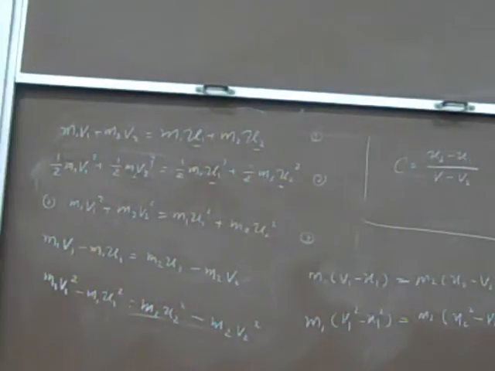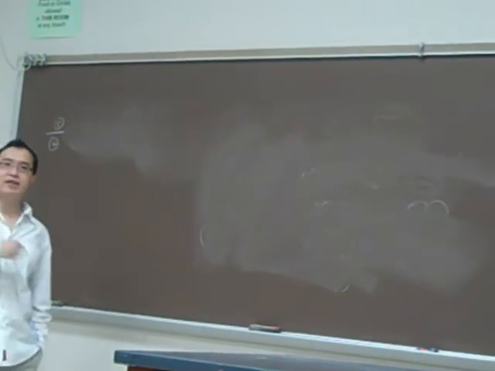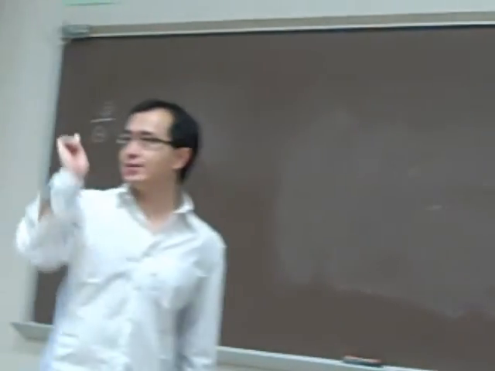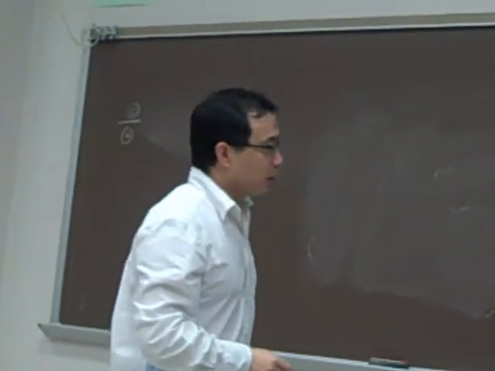And then I'm going to use equation 5 and divide it by equation 4. So that means left hand side divided by left hand side, right hand side divided by right hand side.